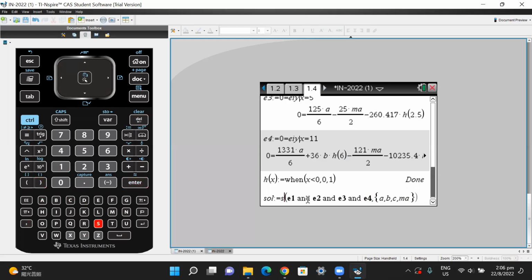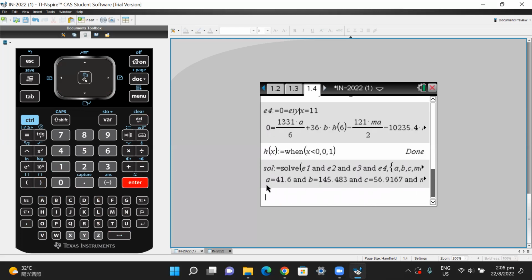Oh, I forgot to type this. Okay, and we could see that A equals to 41.6, B equals to 145 something, C equals to 56, and MA equals to 48.5.